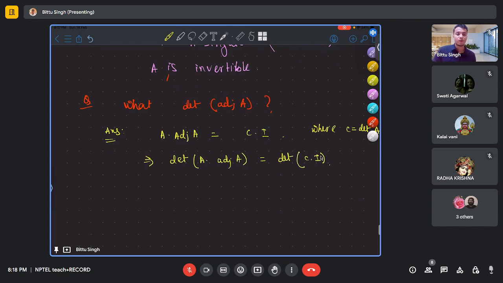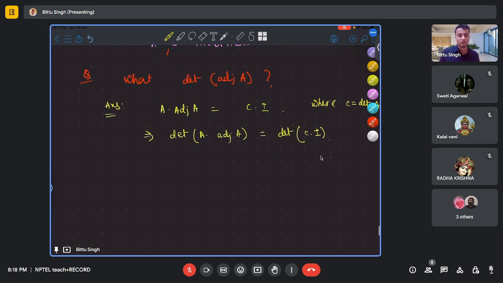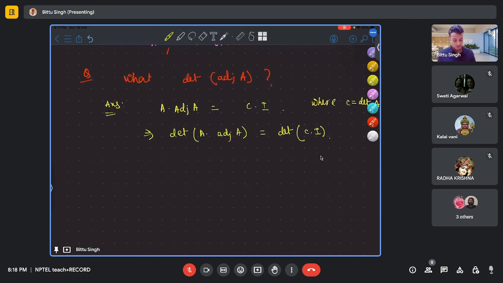Now what will be the determinant of C times I? This is a scalar matrix. C times I is the same as C, C in the diagonal, and everything except this is 0.